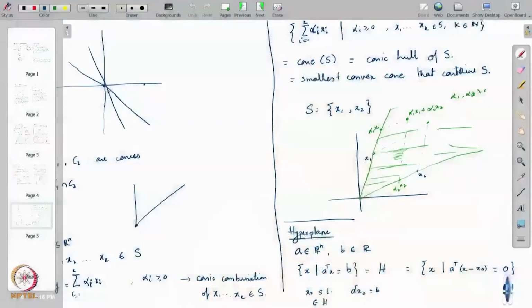So, when you write a hyperplane in this form, x such that A transpose x equals B, the vector A is the normal to the hyperplane.